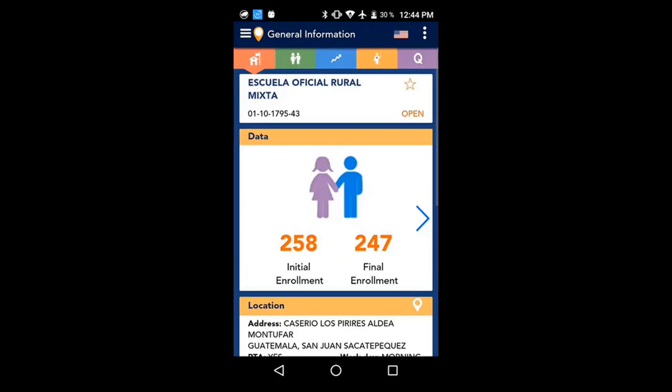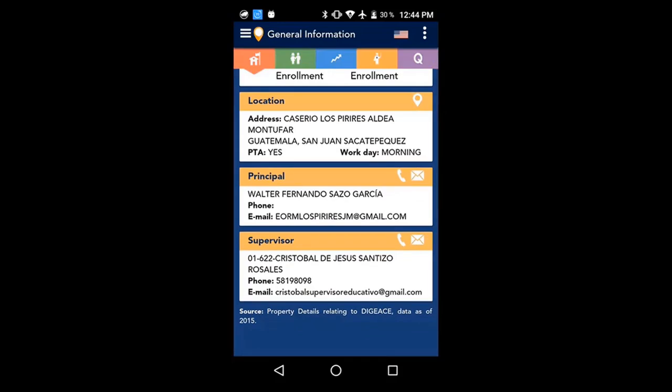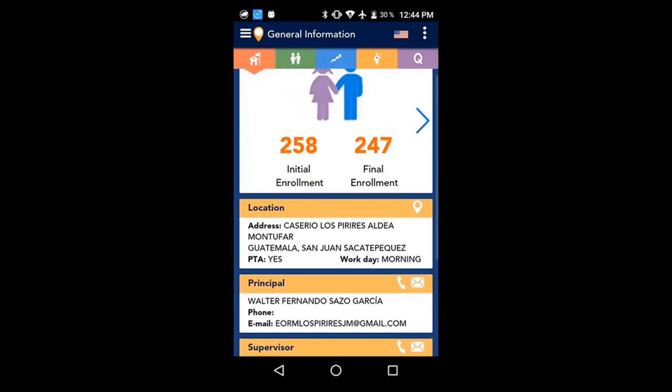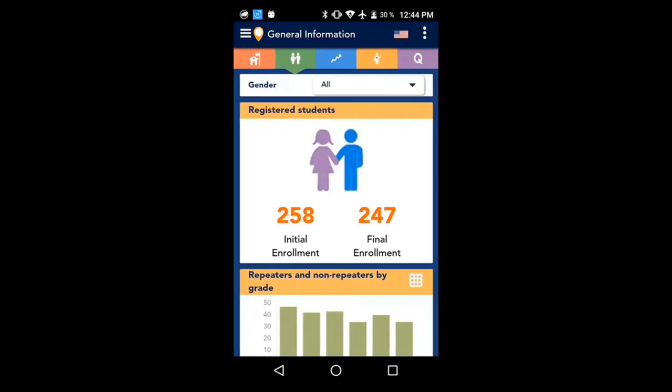We now get to see the information of the school. You see the name of the school, that it's an open school, it hasn't been closed. And you also see information on enrollment. But more important, you see things like the name of the school principal or the supervisor that is working with that school. You can look at the information of registered students by gender.